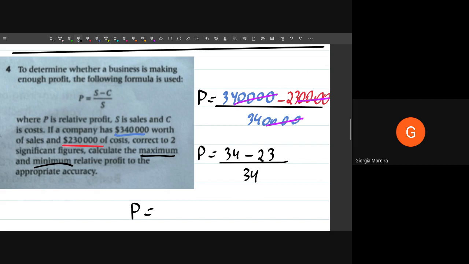0.3235. Okay. And you need two significant figures. So significant figures is a strange sentence for me. I don't know, but I will ask ChatGPT how the number with two significant figures.